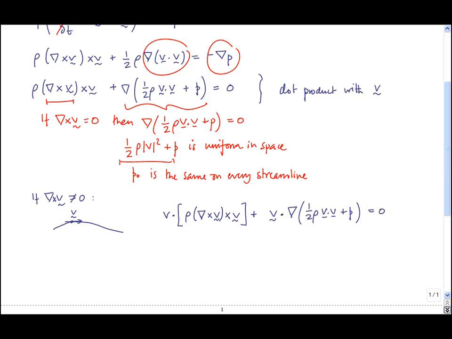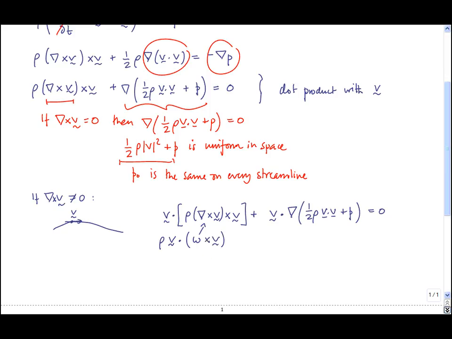And now let's look at the term on the left-hand side in more detail. Rho, density, is a scalar, it can come outside. We've got rho times v dotted with omega, which is the curl of v, crossed with v.